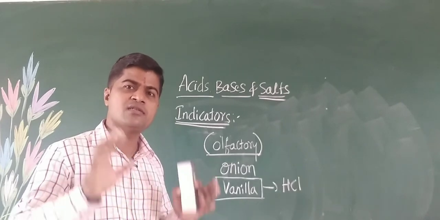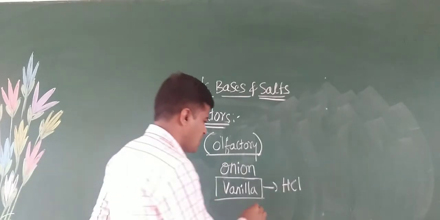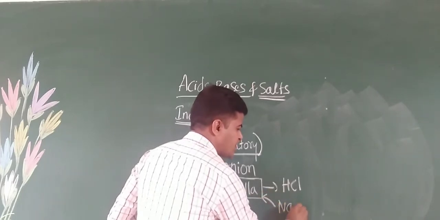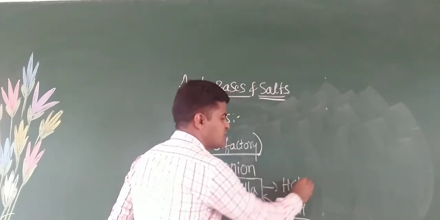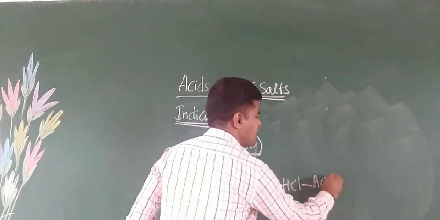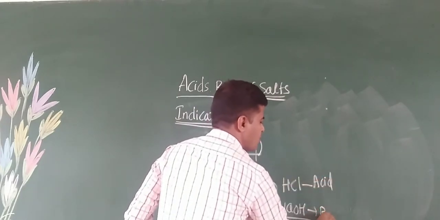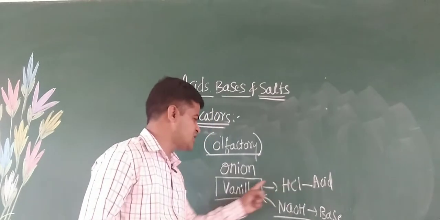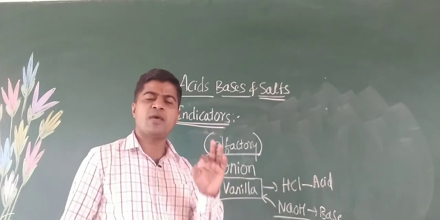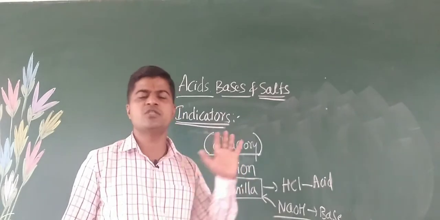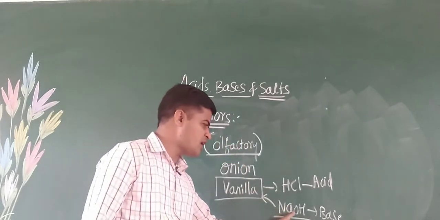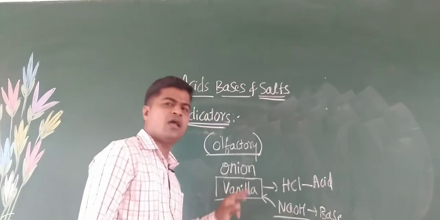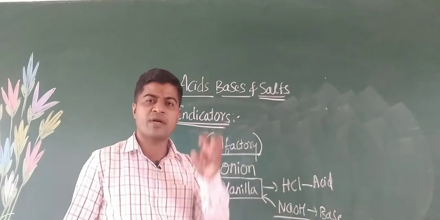But if you add NaOH, that is sodium hydroxide, this is acid, this is base. If you add acid to vanilla, the smell remains the same, no changes in the smell. But if you add NaOH, that is base, to the vanilla, the smell gets suppressed.